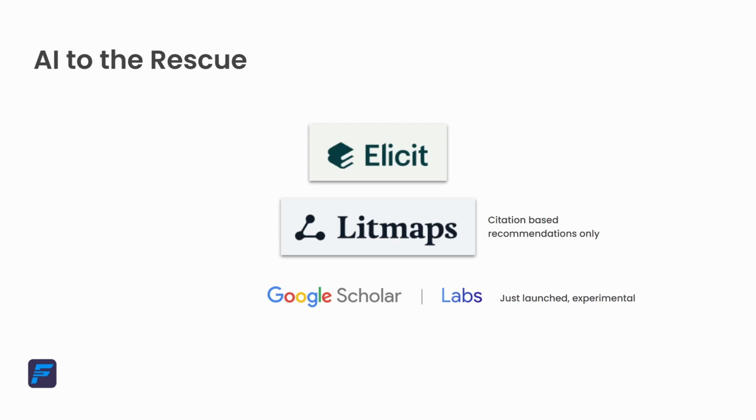So first of all, not all of these do automatic search. For instance, Lit Maps is a tool that's popped up a lot, but that does citation-based network construction. Basically, you initially pass it some relevant papers.